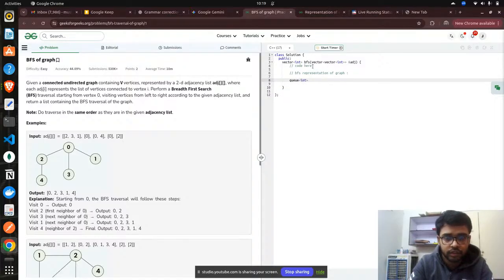Queue of int, vector of adjacency list, size. Queue push 0.